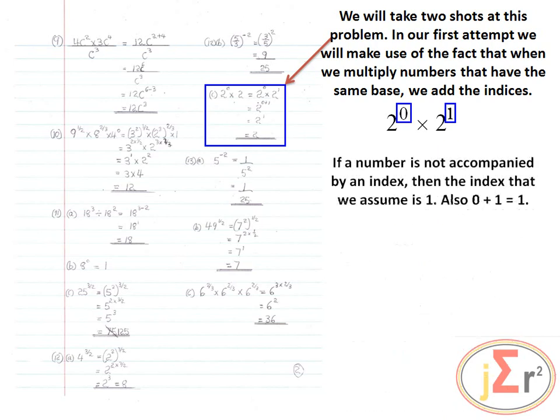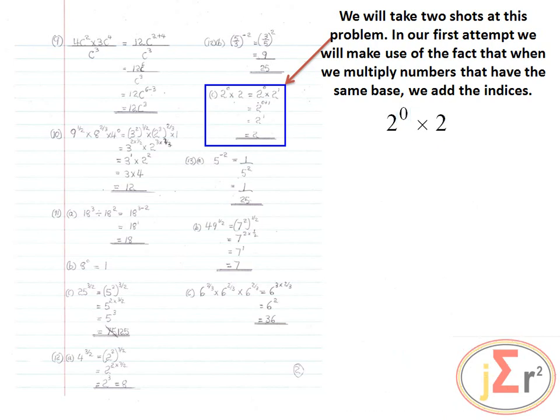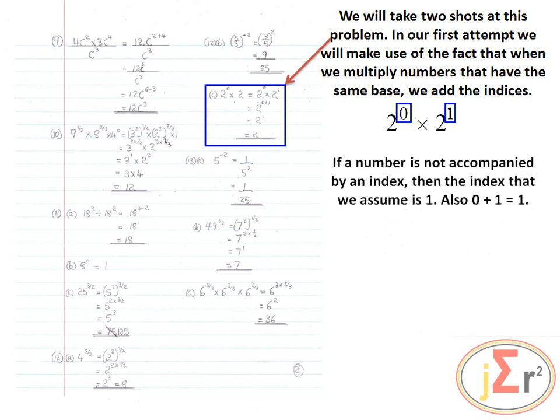There we go. What do we notice? 2 is not raised to any power. The power that we assume is 1, and we do not only assume it, we also place it there temporarily. If a number is not accompanied by an index, then the index that we assume is 1.